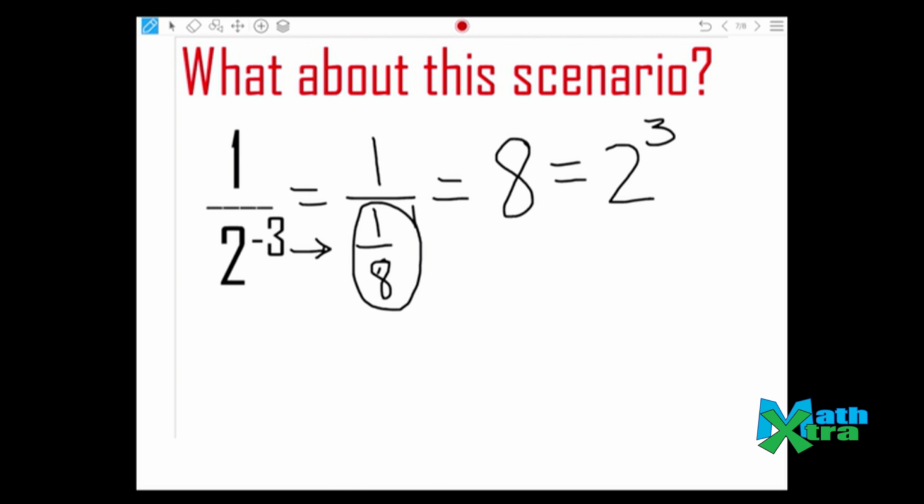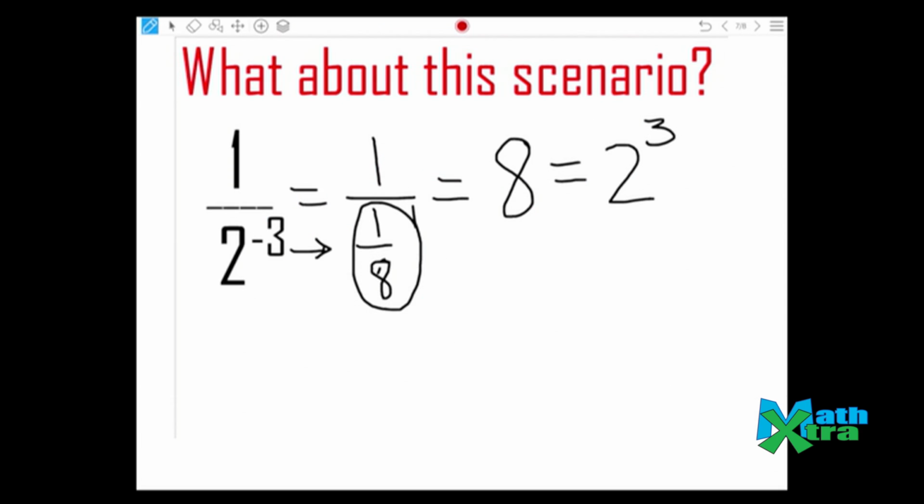So what did I do? I did the rule, everybody. The rule was flip the base and make the exponent positive. Watch. 2 to the negative third power is here. Where will it flip? It'll flip here. Look, we flipped the base and the exponent became positive.